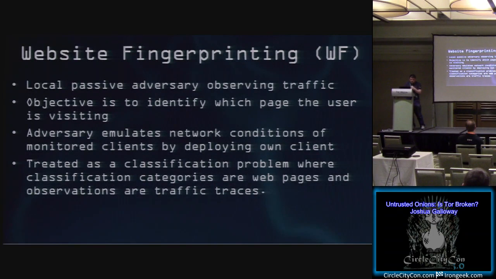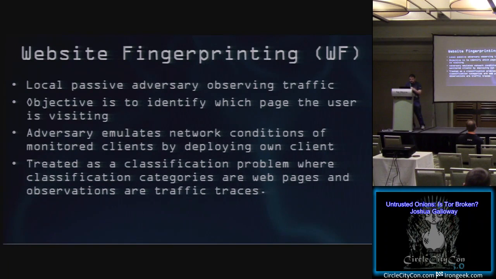Okay. Probably what I should have explained at the beginning: a website fingerprinting attack, what it does is, basically, each page is fingerprinted by accessing it with the Tor browser bundle beforehand, and the pattern of the traffic is unique.